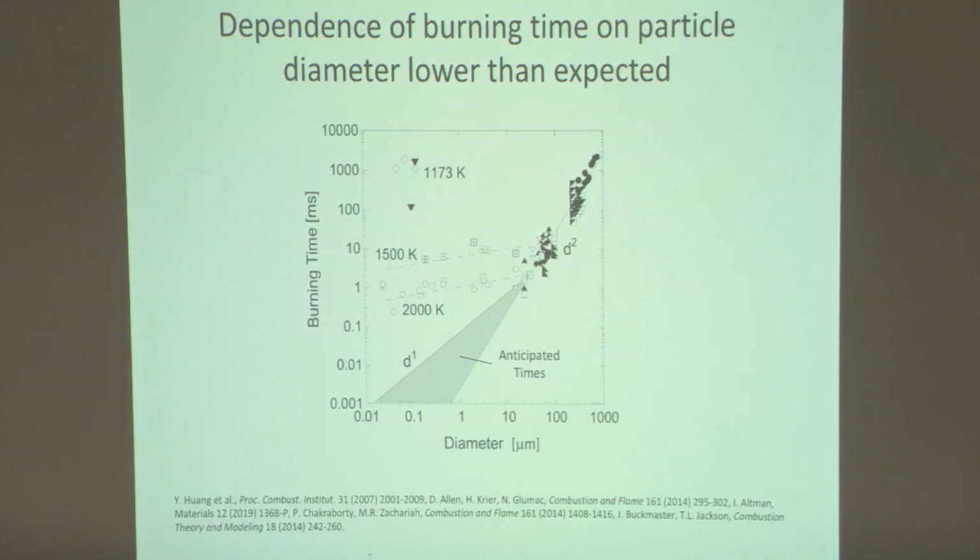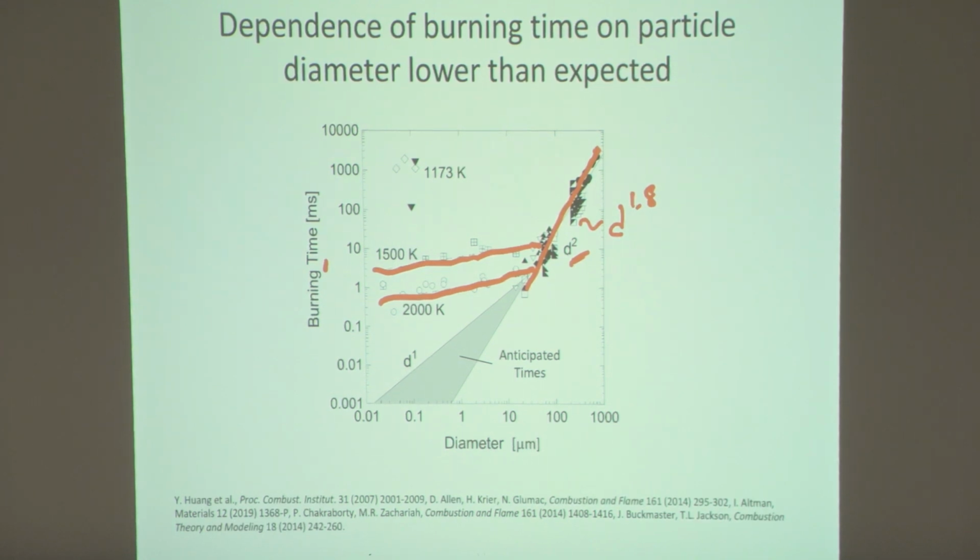So I'm going back to, again, that plot of the burning time versus diameter for aluminum particles. For large particles, which I showed you before, the burning time goes as d to the 1.8, close to d squared. Then I showed you, as we went to small particles, what the burning rates look like to generate those burning times for different temperatures.